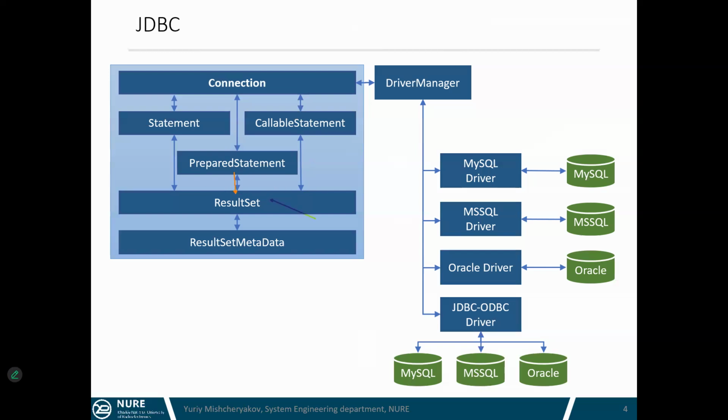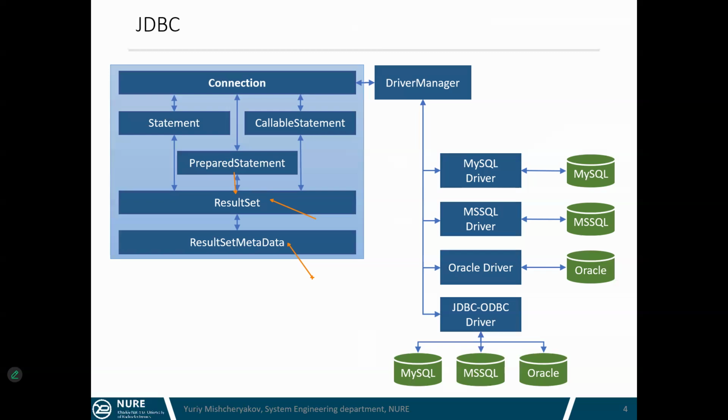This object represents the data, and you can iterate over it to fill objects from the result set. On the result set, you can additionally get meta information, like what's the type of the field, what's the name, what's the length, and so on. Specific metadata related to this result set.